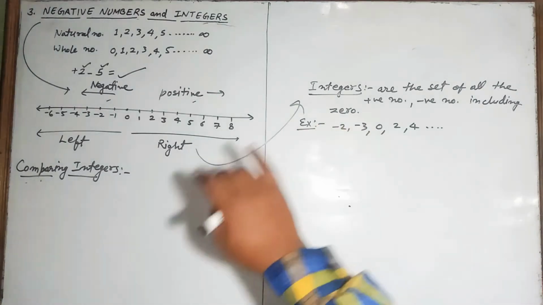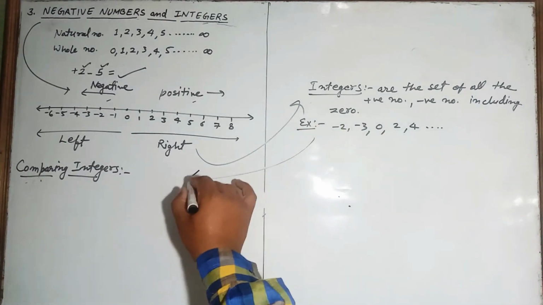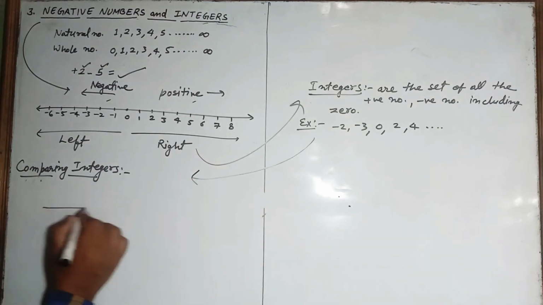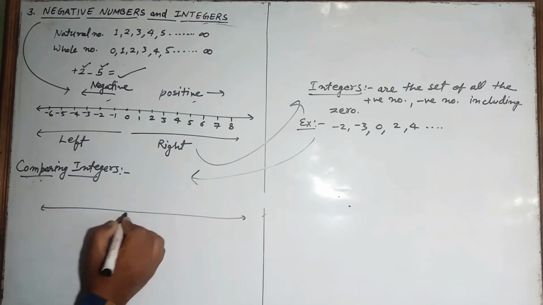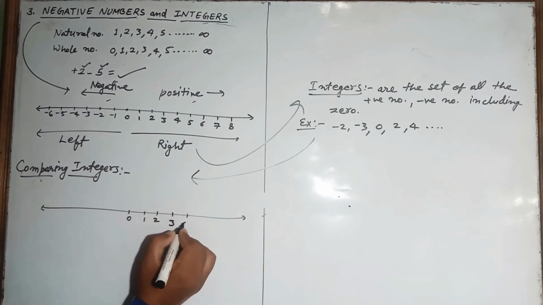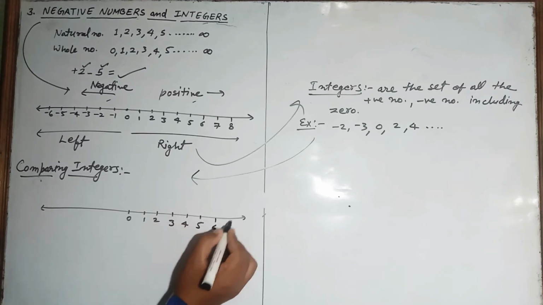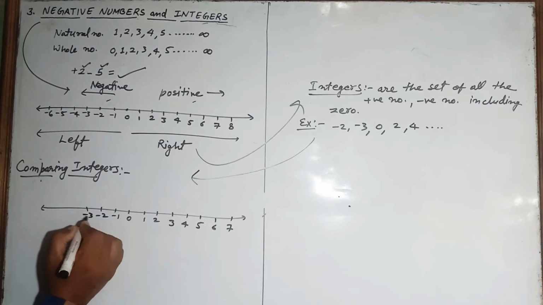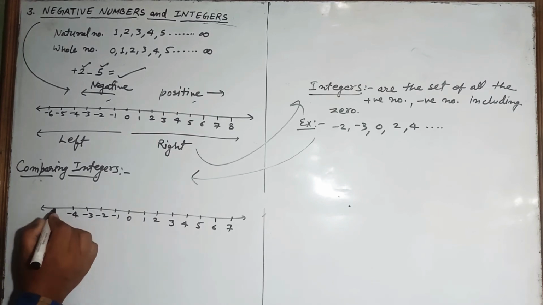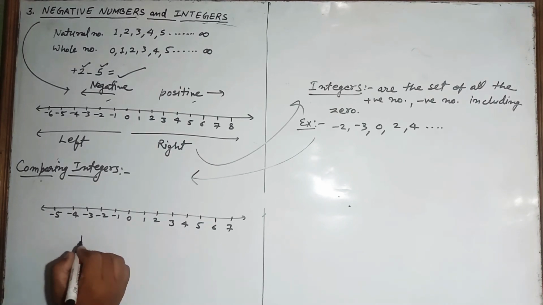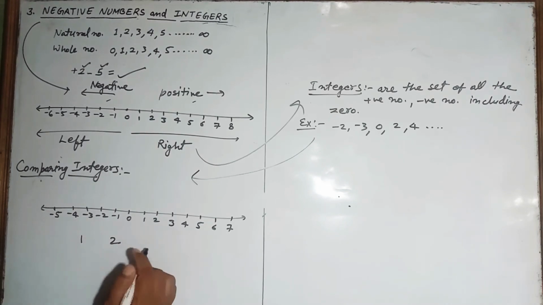Now how we will compare the integers, this we will learn here. See, comparing integers. Suppose here is a number line. Here it will be 0, 1, 2, 3, 4, 5, 6, 7. Here will be -1, -2, -3, -4, -5. Like this it will be. If I ask 1 and 2, which number will be greater?